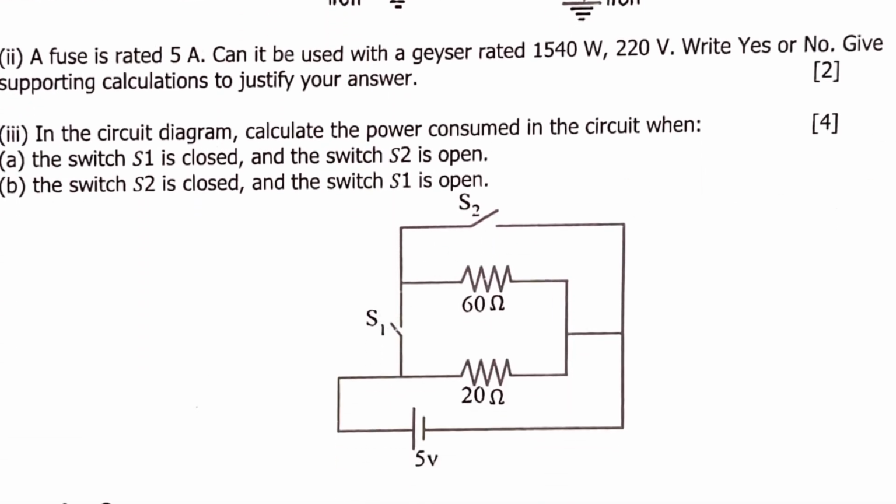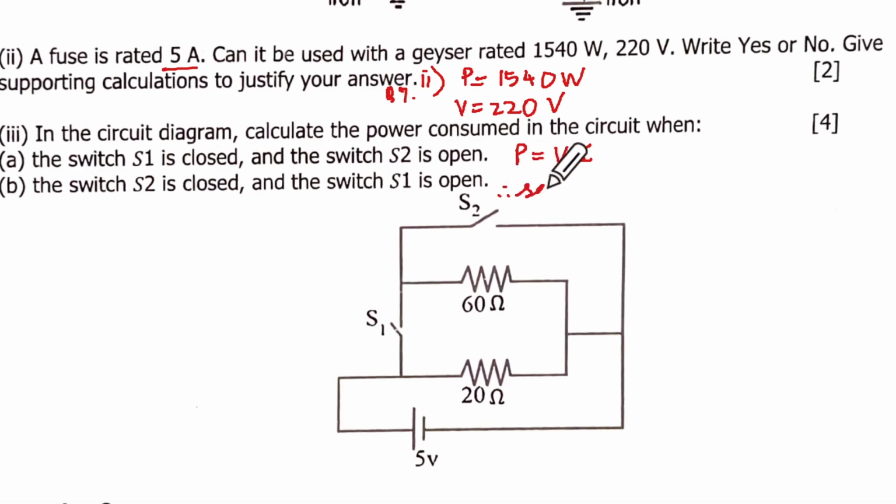Look at your second part. These are all 2 mark questions. Fuse is rated 5 ampere. Can it be used for the geyser which is having these markings? So remember, for the geyser, question number 7, second part, the power is given as 1540 watts and the voltage is 220 volts. So power is equal to VI. You have to know the safe current.